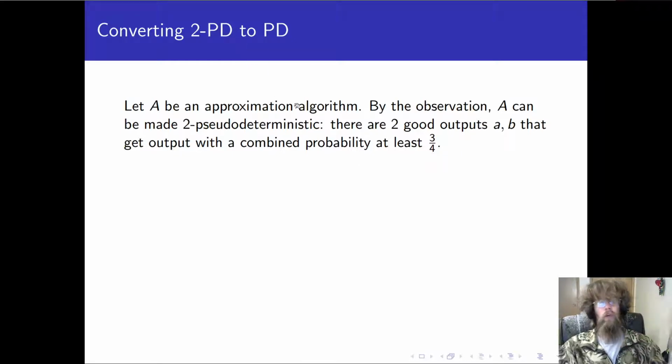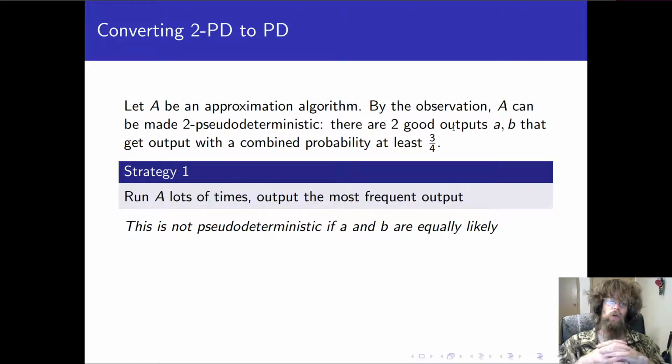So we start with an approximation algorithm, we make it 2-pseudodeterministic, and now we've got two things that we might get. We could get A or B, and we want to get rid of one of them. We know that the chance of getting A or B is combined at least 3/4, but we don't know how likely A is versus B. So one way we could try to get rid of one of them is we run it a lot of times and take whichever one occurs more often.